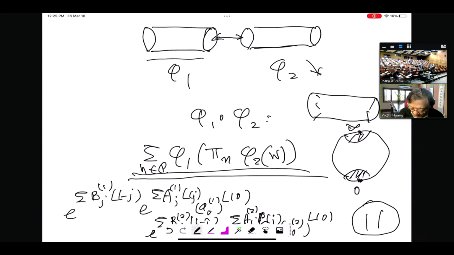But see, the main thing is that after you use the uniformization theorem, the local coordinates at these two places depend on the local coordinates on these two Riemann surfaces.